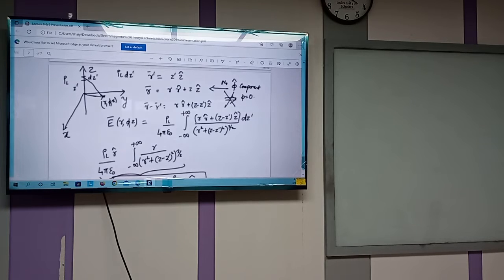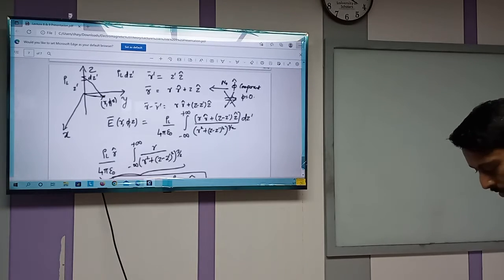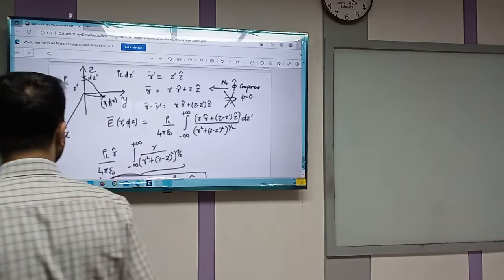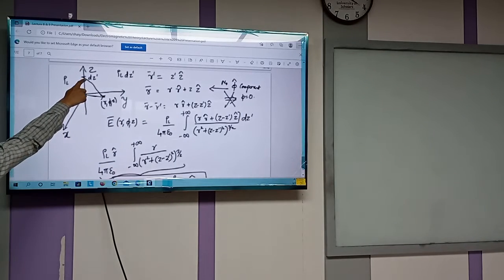The vector for the source point is r dash. So your source is the line, right? This will be your source.